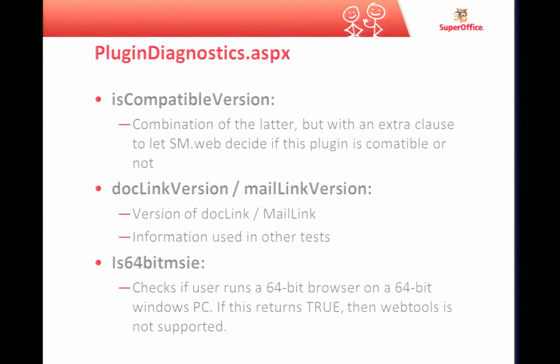And it will give you the exact version of doclink or mail-link, depending on PC and Mac. It will also check if you are running a 64-bit browser on a 64-bit Windows PC, and in those cases it will not work yet. So for support and consultants, this is a perfect tool for debugging all the components like mail-link and tray app. It gives you all the information.